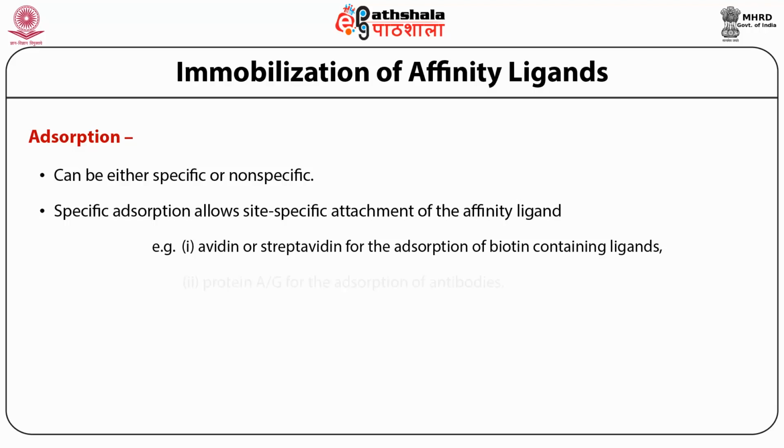Another example is protein A/G, which is used for immobilization of antibodies. While in the case of non-specific adsorption, no specific sites are involved and ligand molecules are adsorbed on the matrix surface by hydrogen bonding or hydrophobic forces.